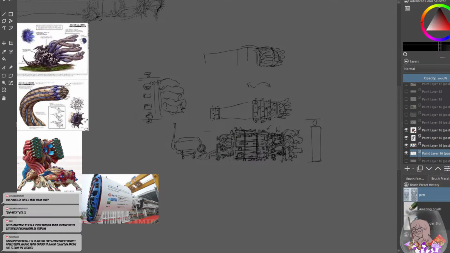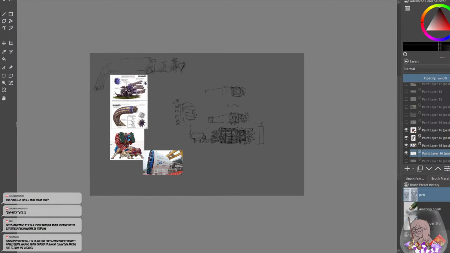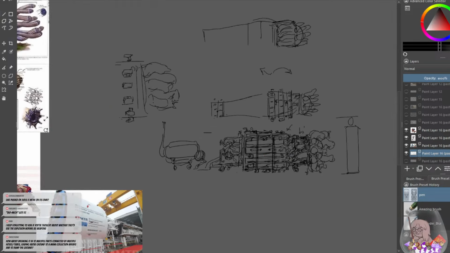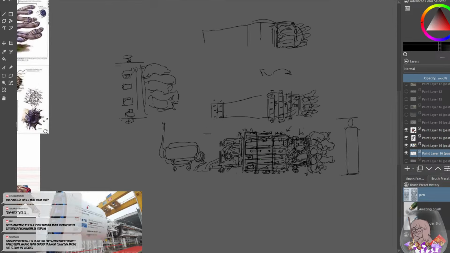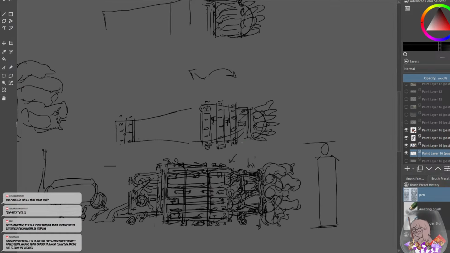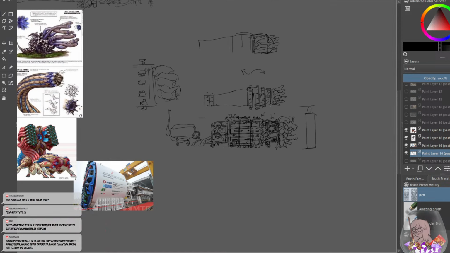A little short, stumpy thing will work. I don't hate this, actually. Don't really hate it. The issue is because it's the simplest version of it, there's not much to add to its length.